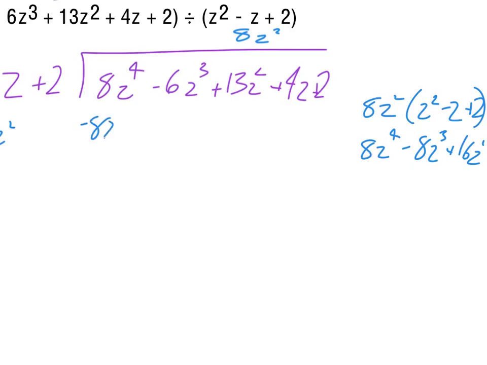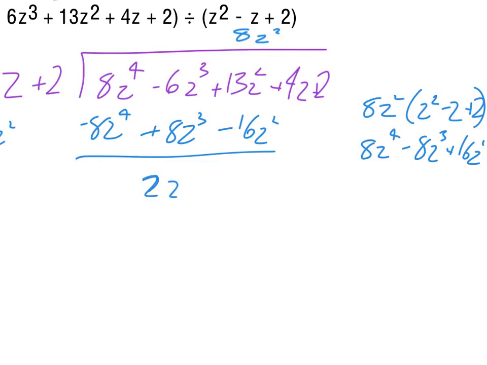So subtracting the 8z to the 4th, adding the 8z cubed, and subtracting the 16z squared. And let's see, so we get a 2z cubed, and we get a negative 3z squared plus 4z plus 2 just comes down.